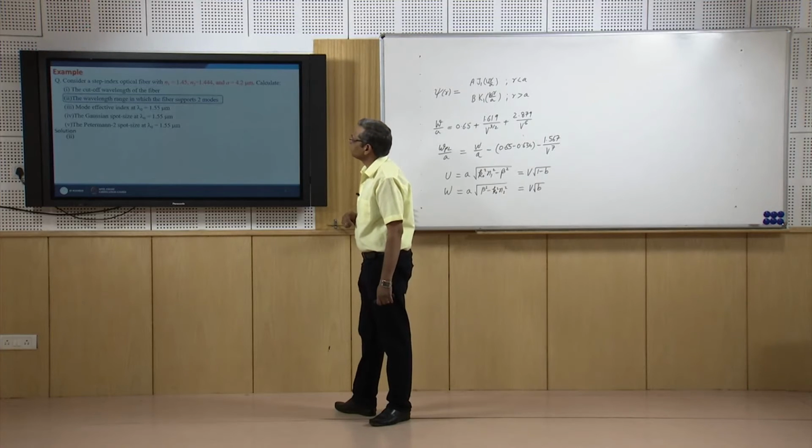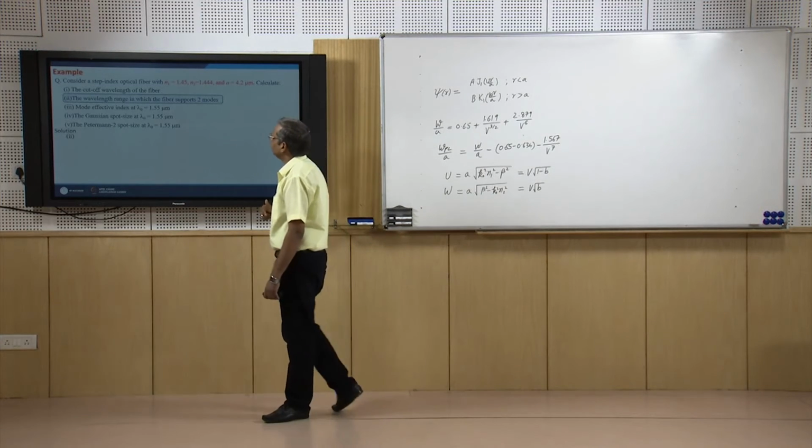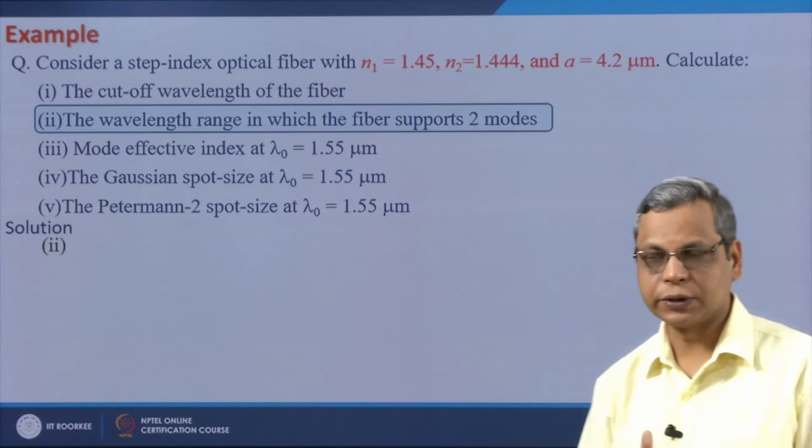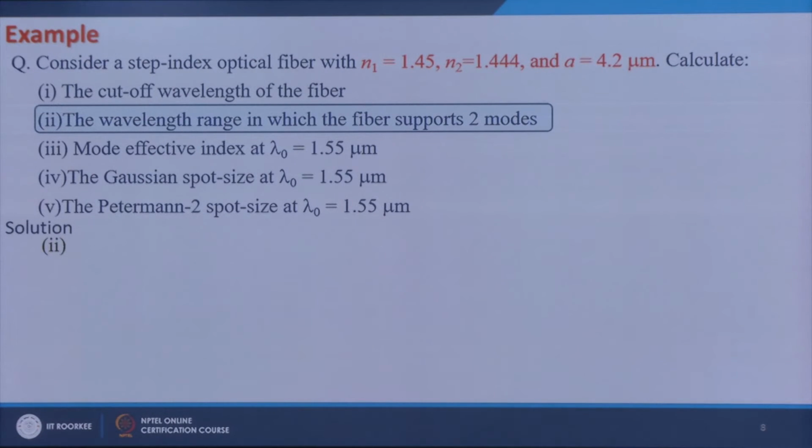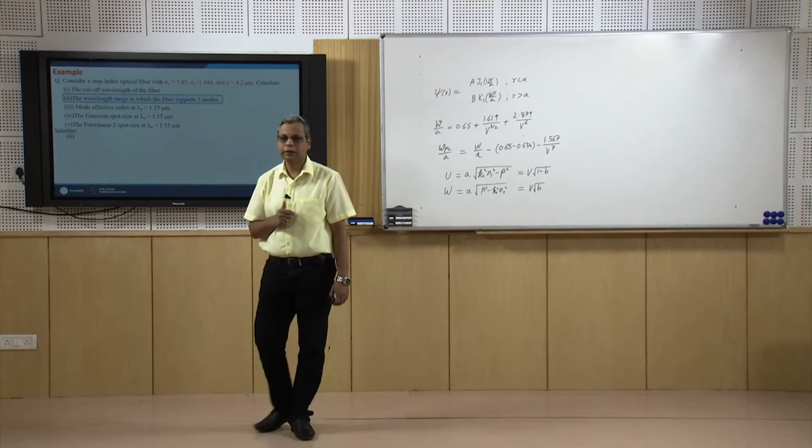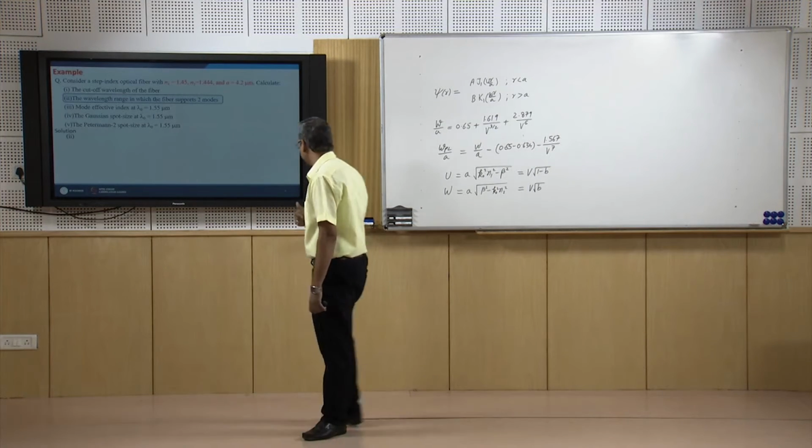The second thing is the wavelength range in which the fiber supports two modes. So, what is the range of wavelength in which the fiber supports two modes? So, first I need to find out what is the range of V in which the fiber supports two modes.